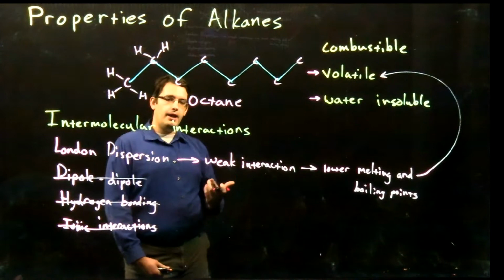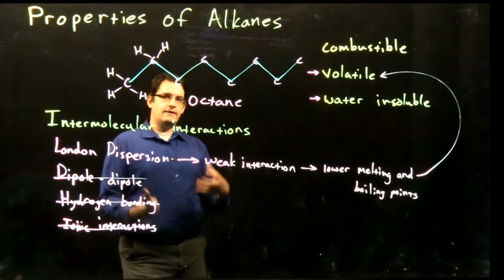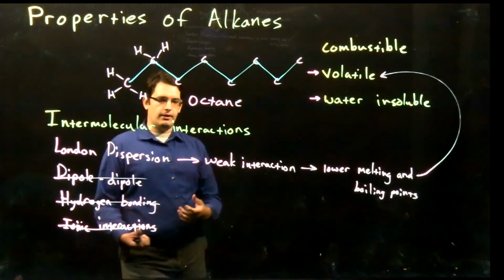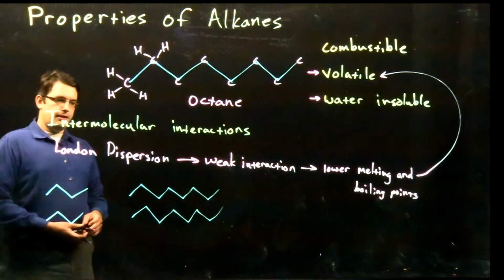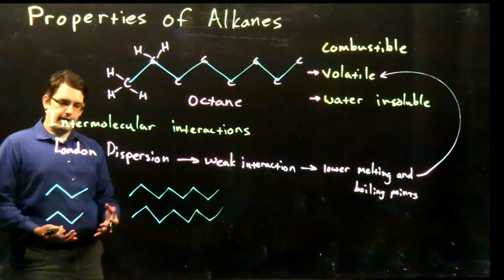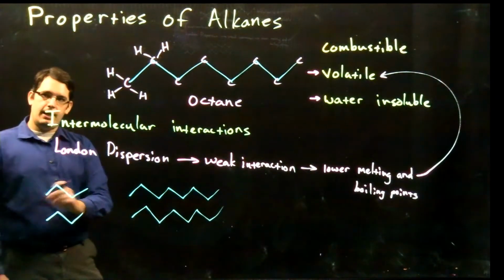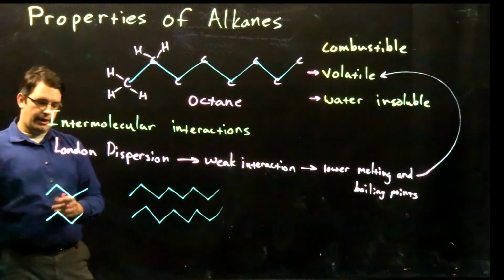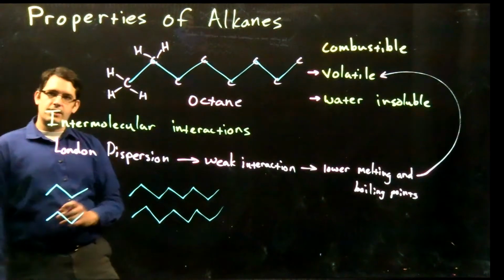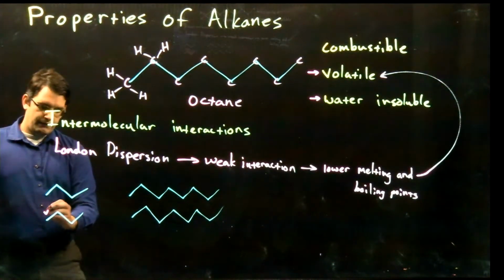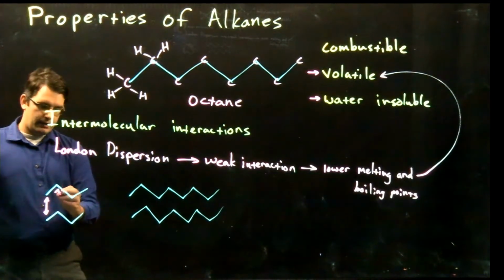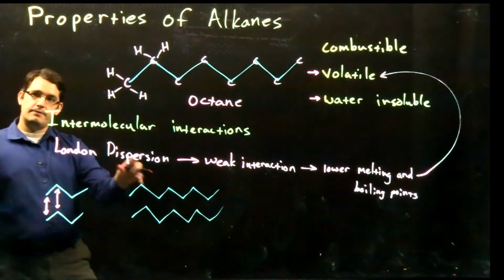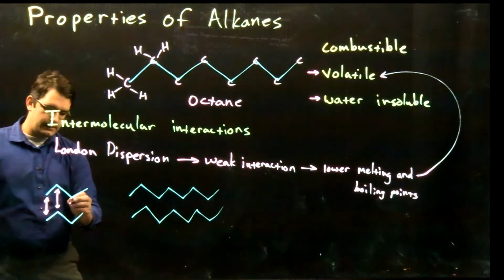The next question we want to ask is, how does that vary between different alkanes? To answer that question, I want to compare two different alkanes. We have butane over here on the left, and of course our octane over here on the right. Now I have two molecules of each shown. Each of these molecules can interact with each other through London dispersion intermolecular interactions.